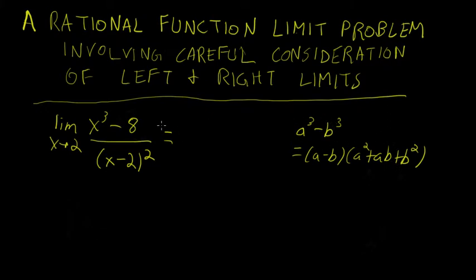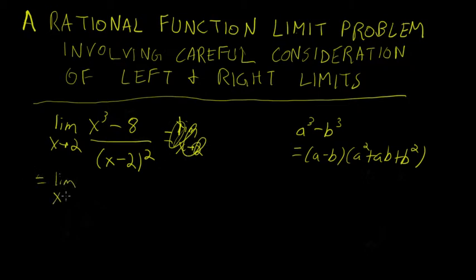But here the a term is x, the b term is the cube root of 8, which is 2. So a minus b will have the limit as x tends to 2. Here, let me actually rewrite it.